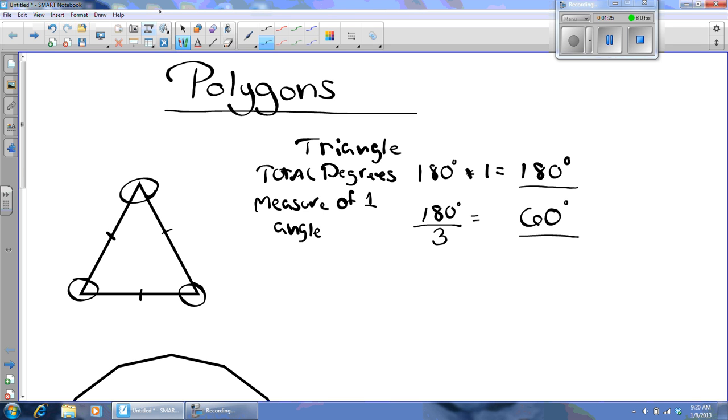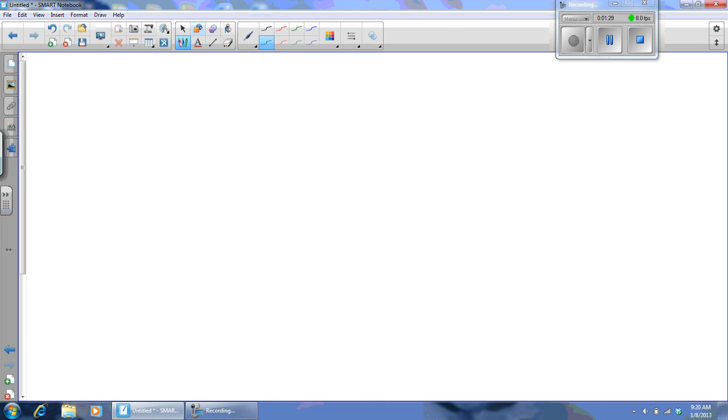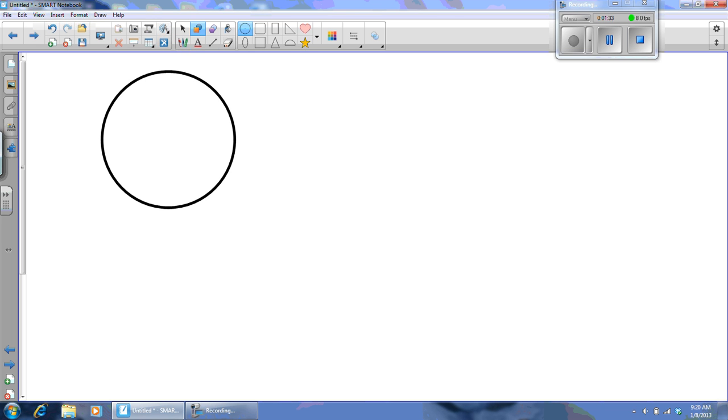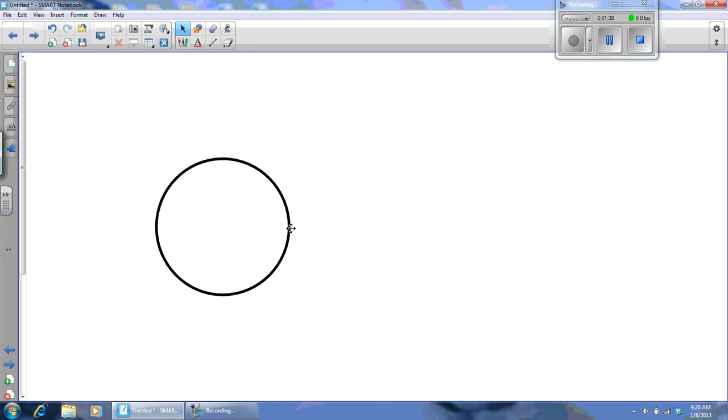Okay, now here comes the new part. I'm going to go off on a small tangent for a second. I would be surprised if you don't know how many degrees there are in a circle. I think most of you know that there are 360 degrees in a circle.